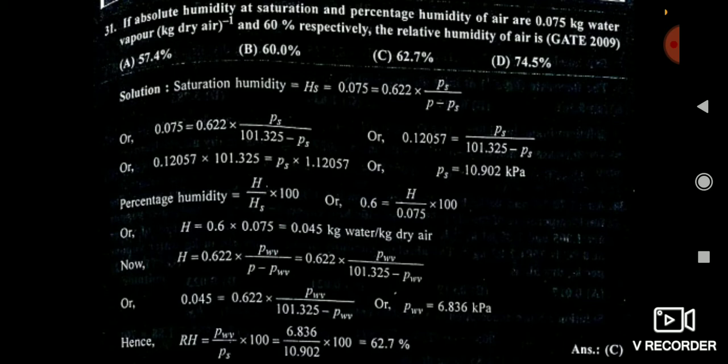Friends, after this you should calculate the, here in the question the percentage humidity is given. So friends, percentage humidity is the ratio of absolute humidity divided by saturation humidity into 100. And in the question you have got the value of saturation humidity, so from there you can calculate the absolute humidity, that is 0.6 is equal to H by 0.075.